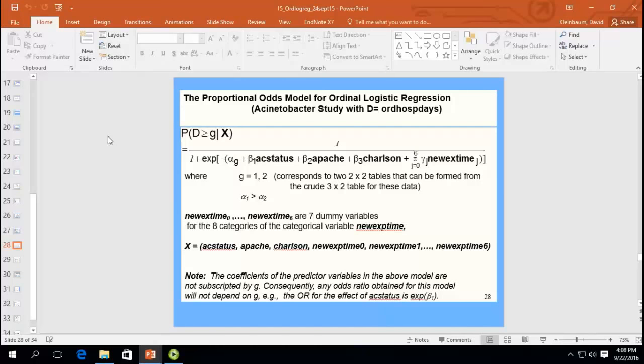So if you're using proc logistic, you put in your programming statements, which we've shown you already, and you get your output. Within the output you get that chi-square statistic for the model you're running, which tells you whether the proportional odds assumption is satisfied or not. If it's satisfied, then you can use the model. If it's not, then you have to decide what to do.